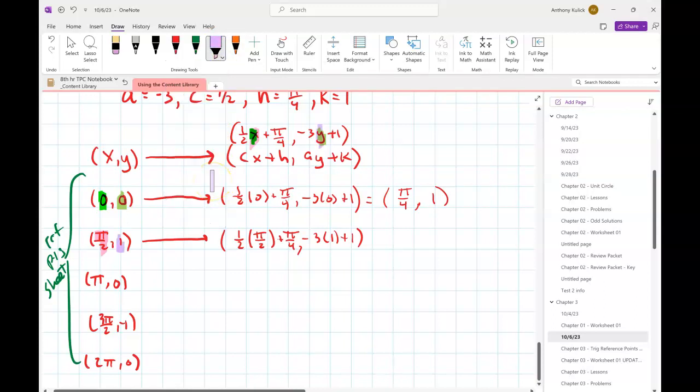Yep. So what is 1/2 times pi over 2? Excellent, pi over 4. And what's pi over 4 plus pi over 4? Not 2 pi over 8. 2 pi over 4, which reduces down to pi over 2.